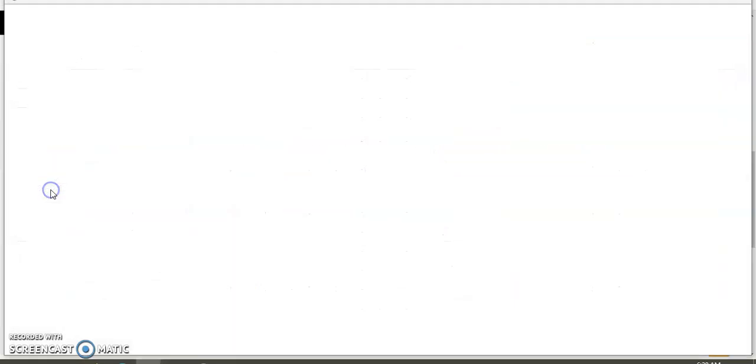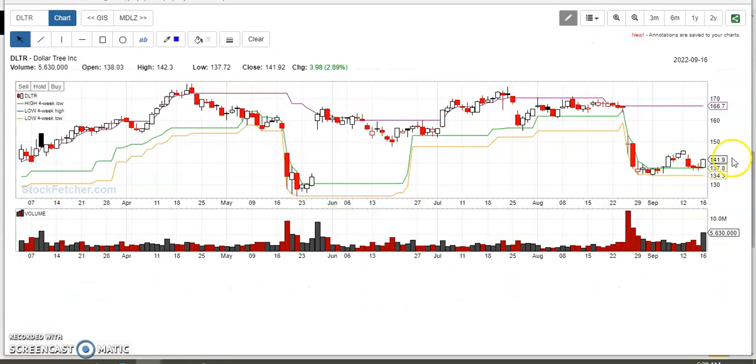We can take a look here at the Dollar Tree stock, and it triggered a buy at 137.80. You can see it put in that low, then triggered a buy, looks like on the next day, came down but didn't break the stop loss, and then went back up.